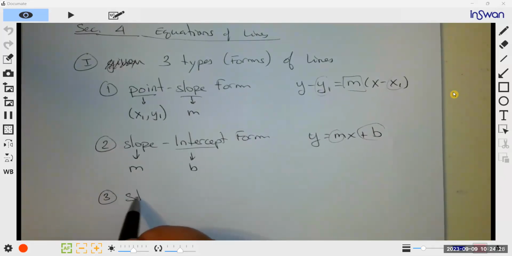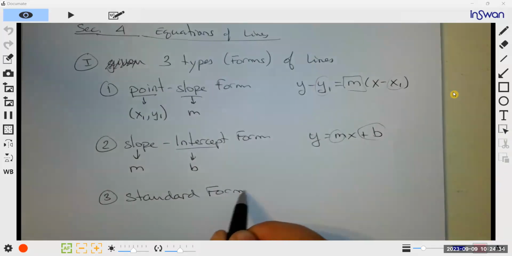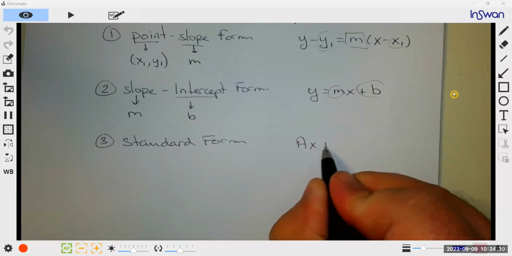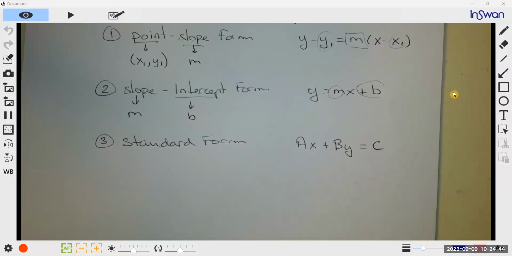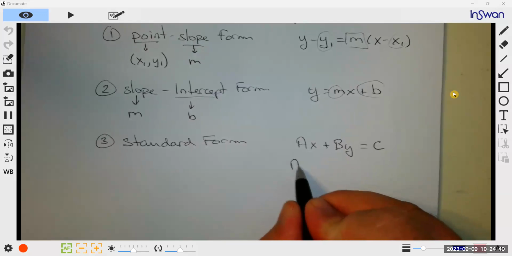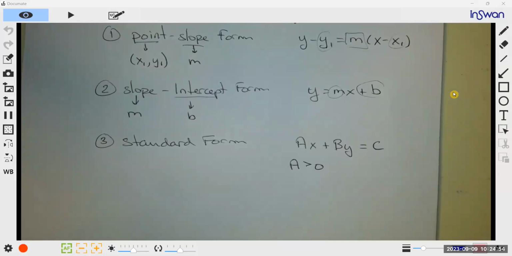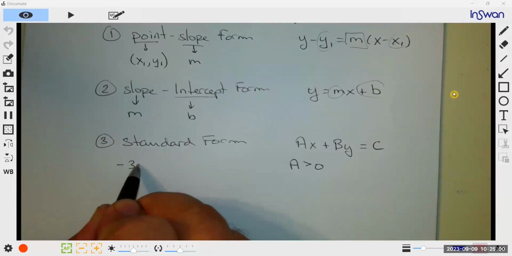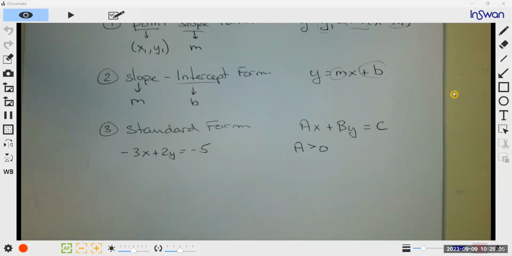The third is called the standard form. Standard form shows that the x and the y are on the same side and equal some number. The only difference here is A has to be positive. So if you get an equation that looks like this, is that in standard form?